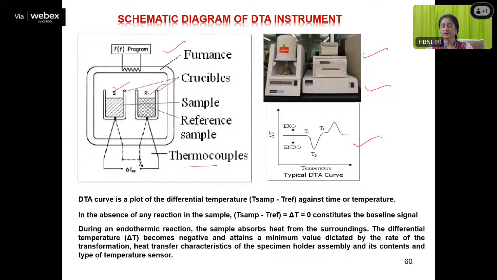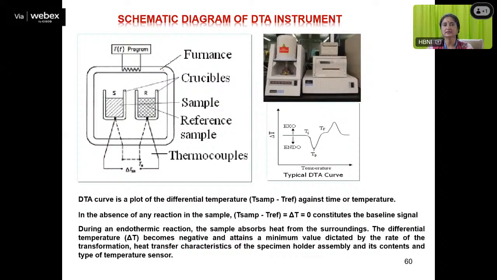And this is a typical DTA curve. A DTA curve is a plot of differential temperature, meaning T sample minus T reference, against time or temperature. In the absence of any reaction in the sample, delta T will be 0, so that constitutes the baseline signal.